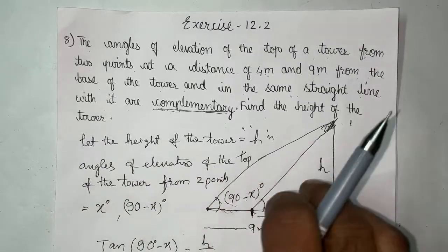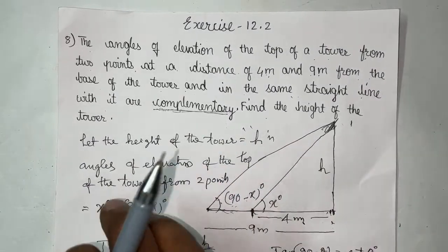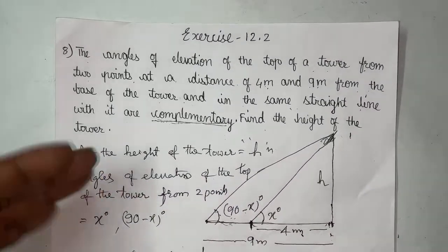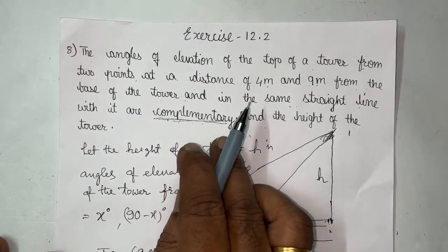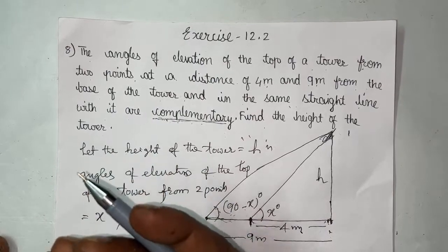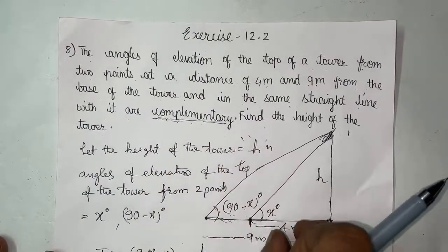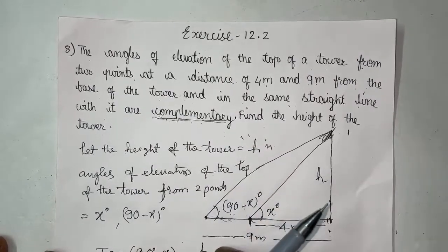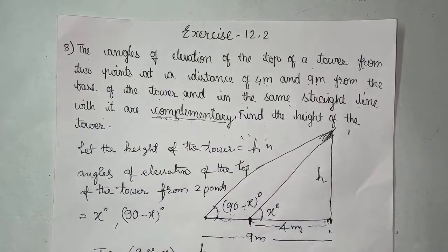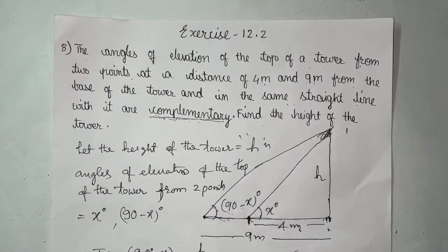If it says supplementary pair, one is x degrees and another one is 180 minus x degrees. It is not certain that only complementary pairs will be given; he may give a supplementary pair. In that case, take x degrees and 180 minus x degrees, and apply like this. This is the way. And we'll go for the ninth sum.